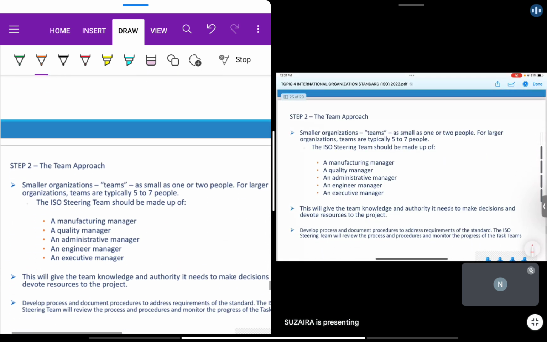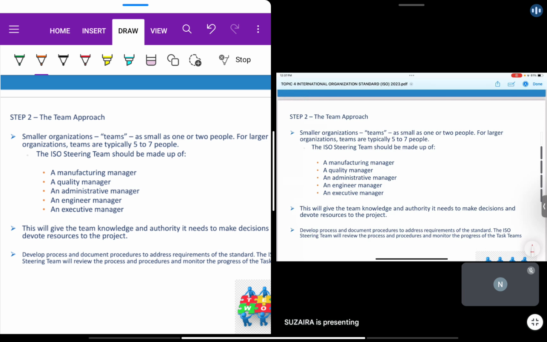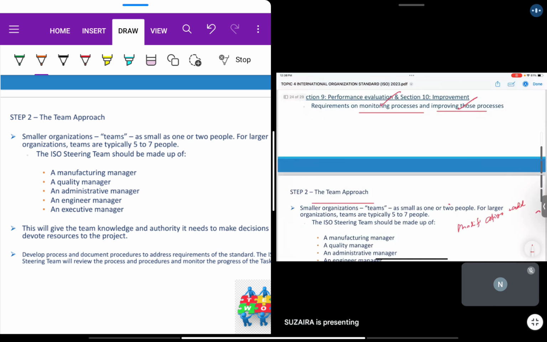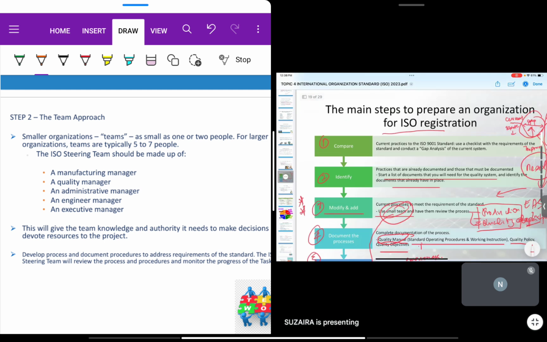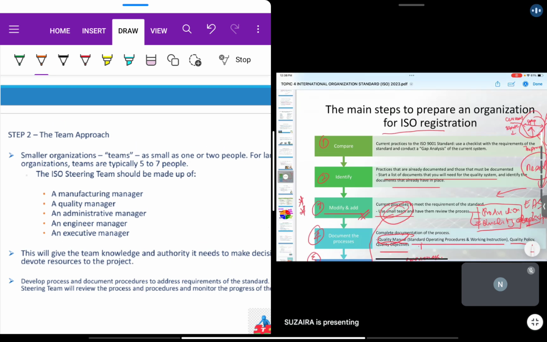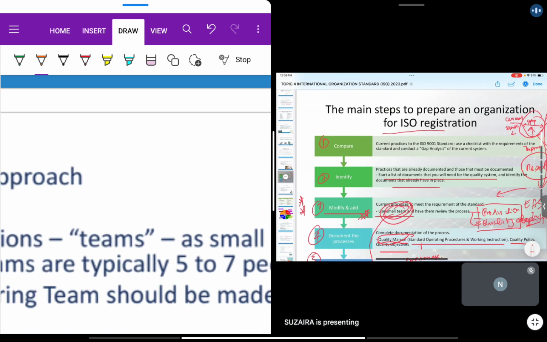and then we also have step 2. Step 1 is you understand about the company. Okay, and then step 2 is you need a team to work on this, as I mentioned just now, for modifications and additions of new practices. For planning, you need to have a small team.